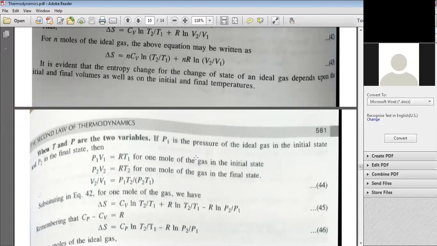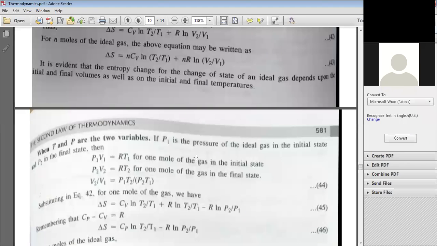In the initial state, P1 is the pressure, V1 is the volume, and T1 is the temperature, so P1 V1 equals RT1. Similarly, for the final state, if P2, V2, T2 are the pressure, volume, and temperature respectively, then P2 V2 equals RT2.